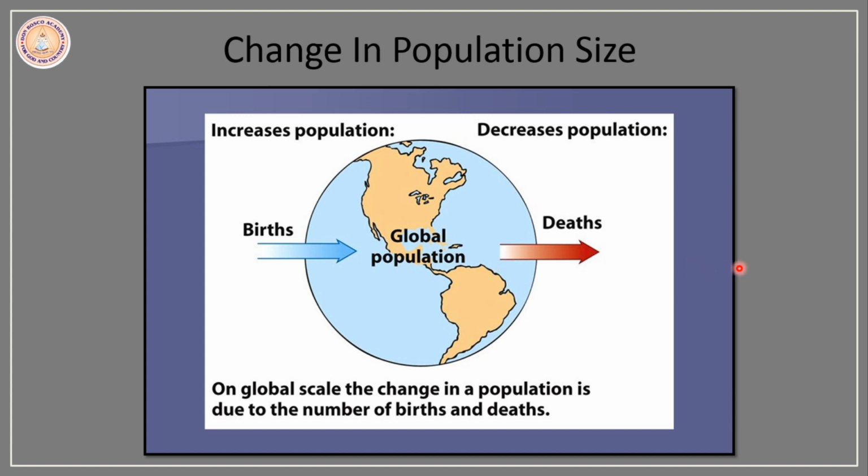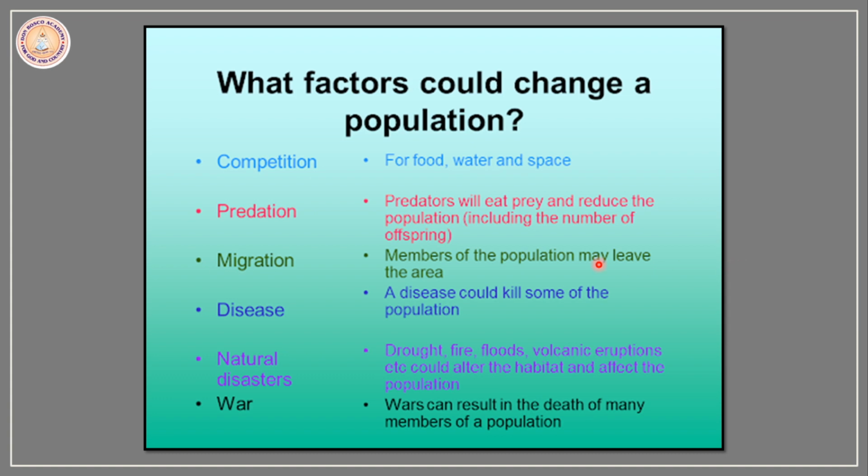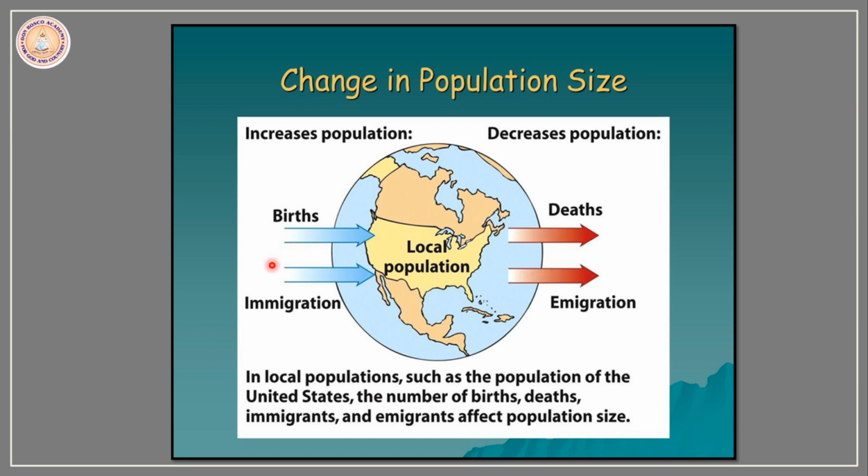Now, the population of a region can also change due to migration. So, members of a population may leave the area and they might enter another country. We call them immigrants, that is, people who are entering another country. And those people who are leaving that country, we call them emigrants.